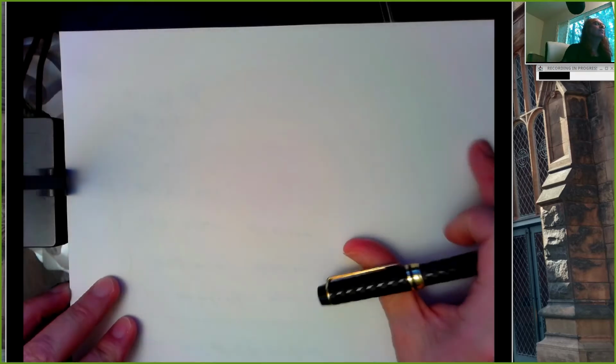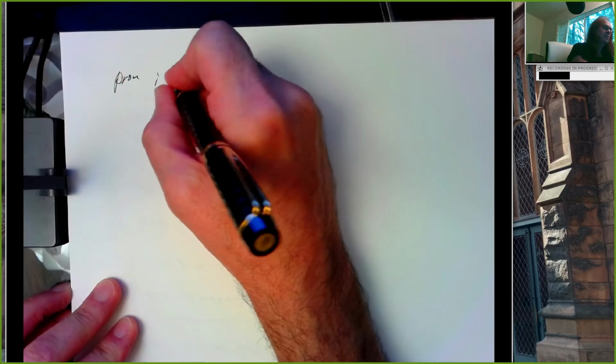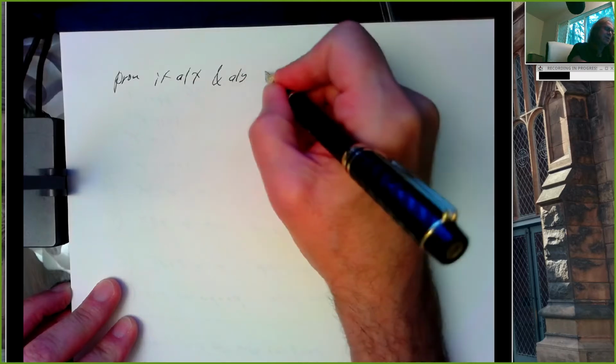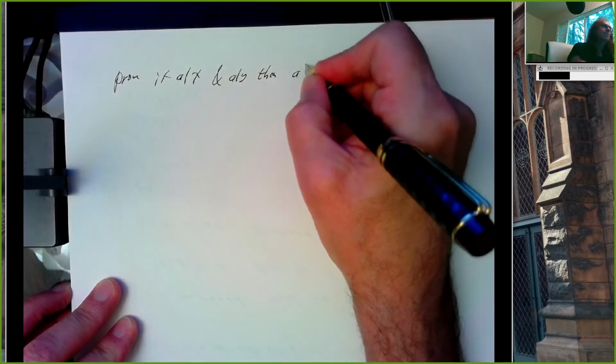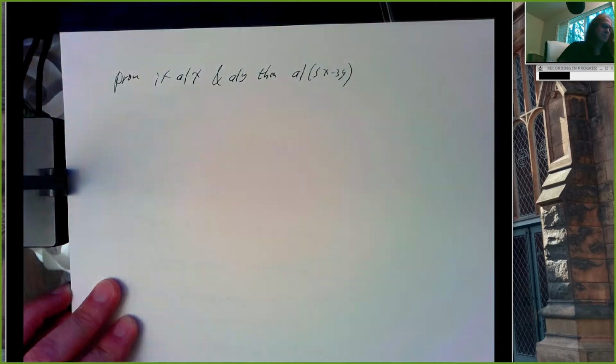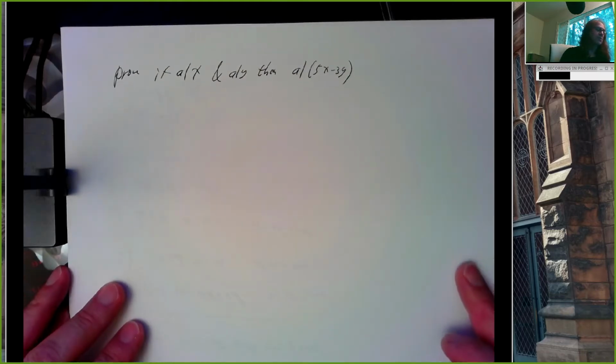All right, so let's look at number 6. Let's prove if a divides x and a divides y, then a divides 5x minus 3y. And this is again just using the definitions.